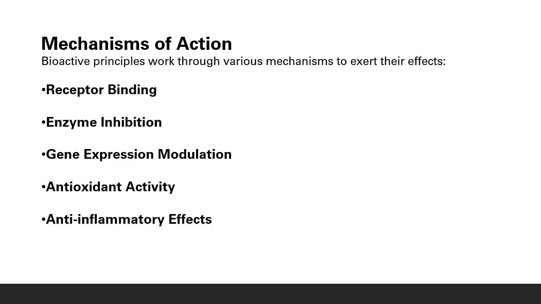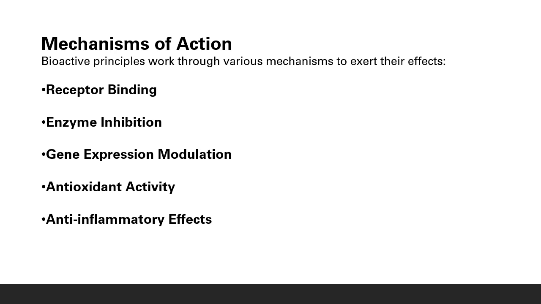What are the mechanisms of these bioactive principles? They work through various mechanisms like receptor binding, interacting with cellular receptors to initiate a biological response, which is the first and basic mechanism. Next is enzyme inhibition, blocking specific enzymes to regulate a metabolic pathway.